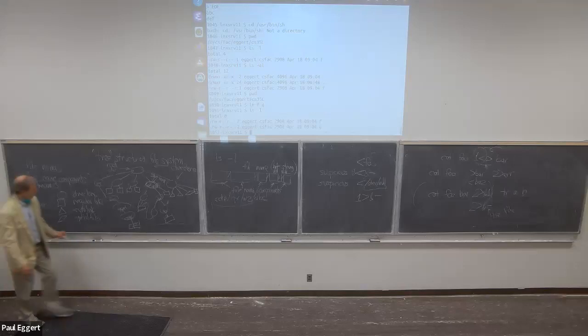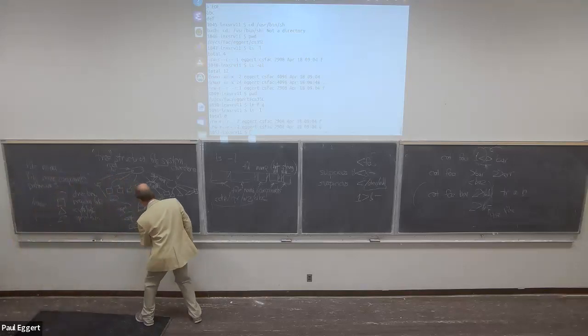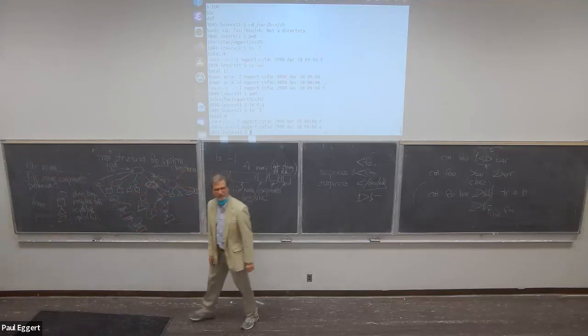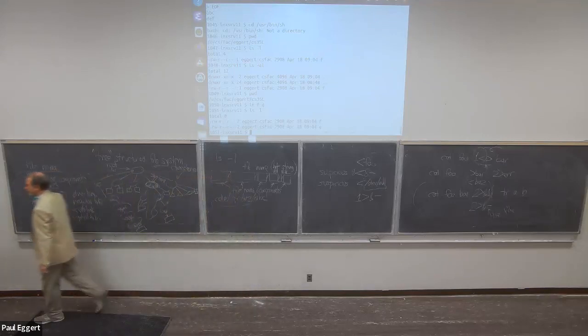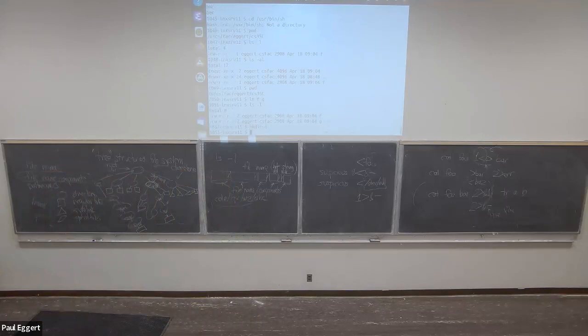So F points to here, but we have another name G for the same file. And we can create a 3rd name. I will do something like this: mkdir d, ln f d/f.